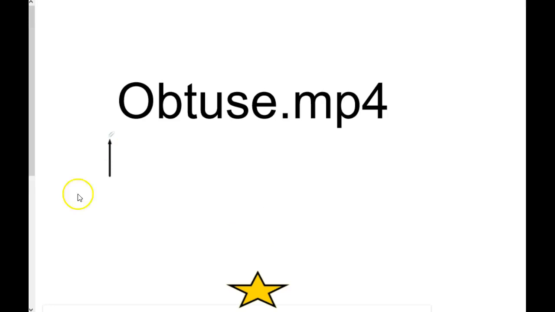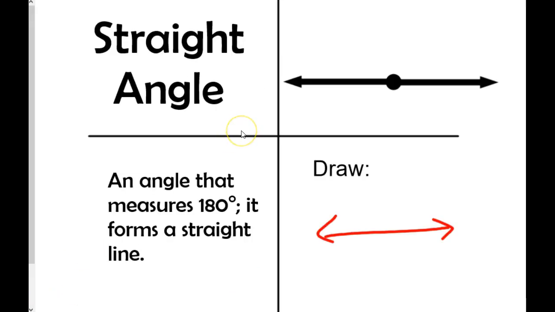So, anyways. Straight angle, okay? So bigger than obtuse is a straight line, exactly 180 degrees. That is a straight angle. Forms a straight line.